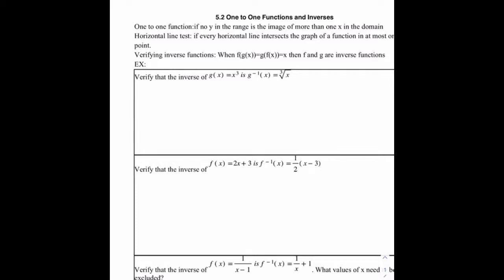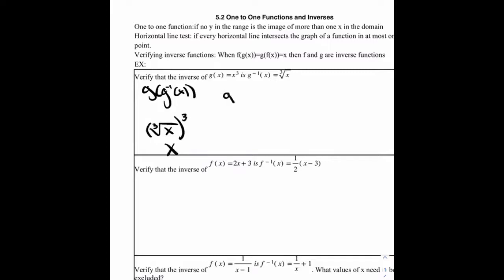So let's do g of the g inverse of x. We're going to take the inverse and plug it into g of x. So we have the cube root of x, cubed. And then the cube root and the cube cancel each other out to make x.